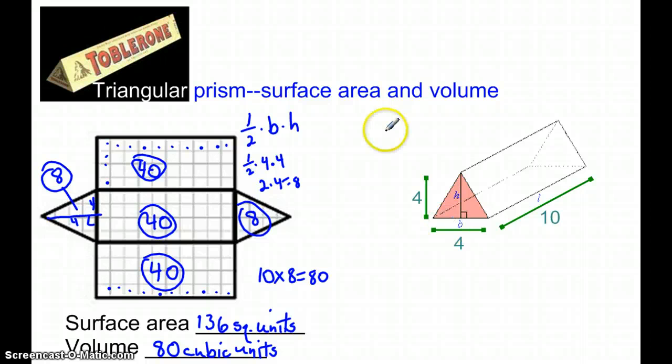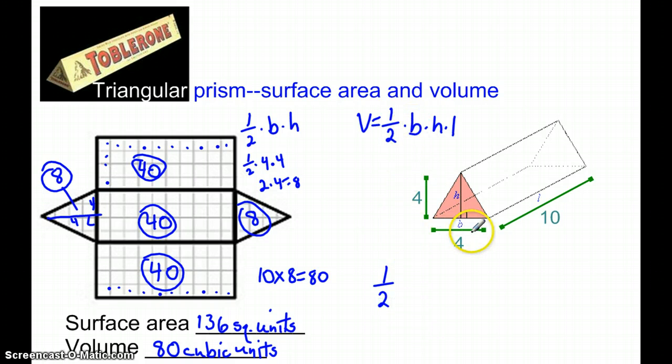Keep in mind, we have to use volume, and since it's a triangular prism, we have to take 1/2. So if we multiplied 1/2 times the base times the height times the length, what would we get? We would get 1/2.